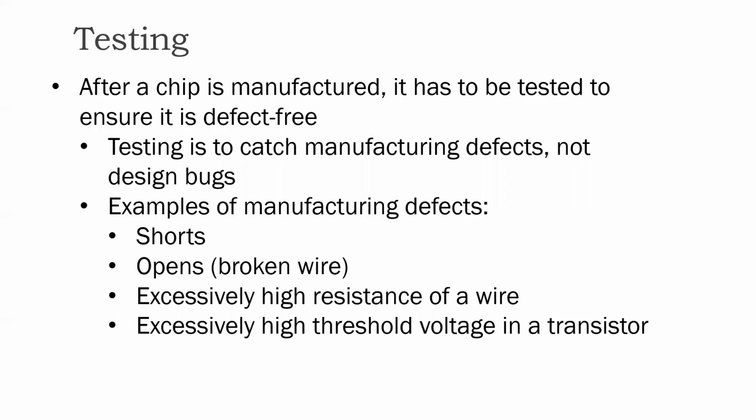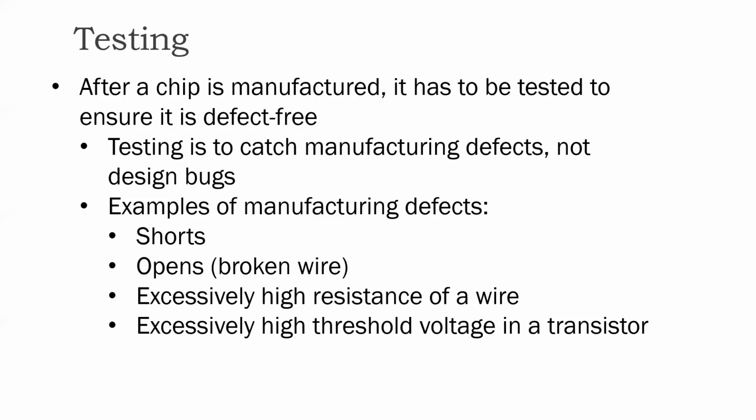manifest very high resistance. Or at the transistor level, there can be defects like gate oxide defects, which may cause a short between gate and source or drain, or some other defect during implantation that may lead to high threshold voltages. So there are any number of possible defects when a chip is being manufactured.